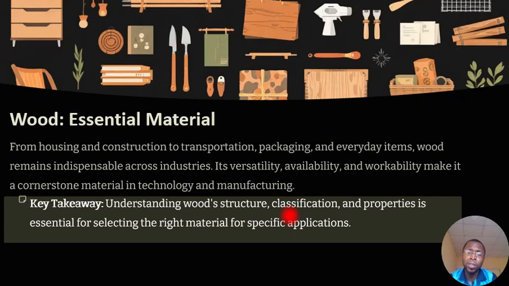But when you have an understanding that, oh, this is softwood, so I can use it for paper, for pulp, or oh, this is hardwood, I can use it for furniture, for bed, for chair. Having this understanding will make it easier for you to know the particular type of wood to use for a particular purpose. All right. So, yes, we shall be doing the cutting here for today.